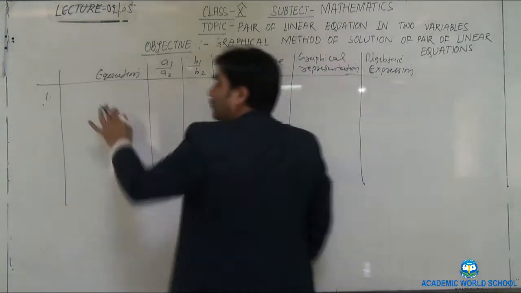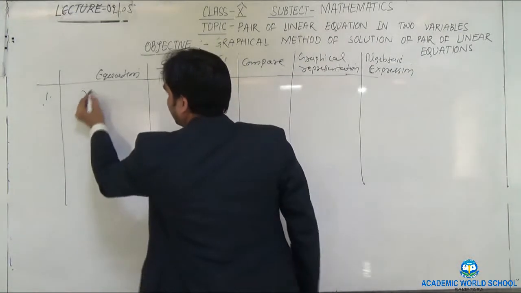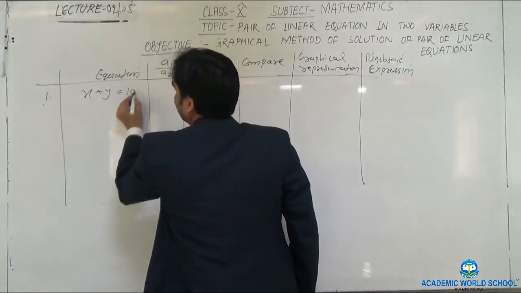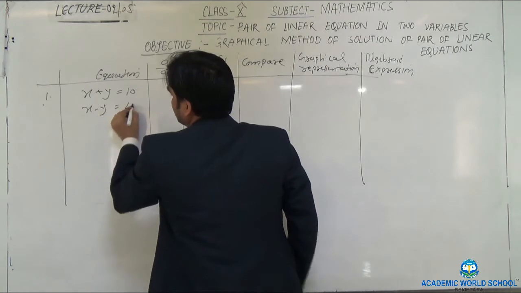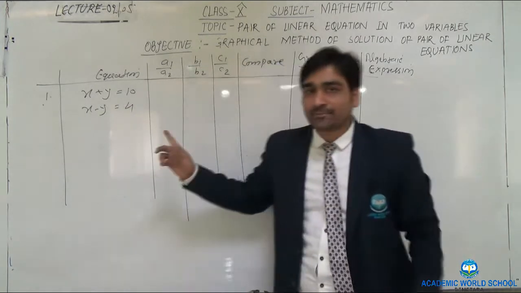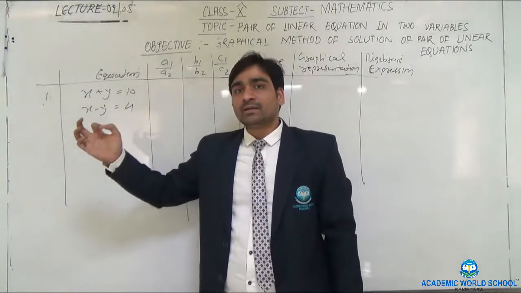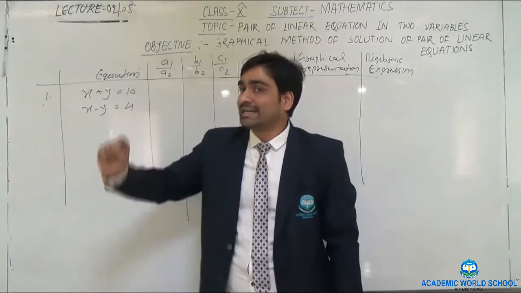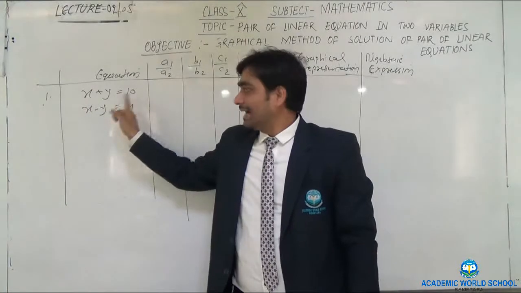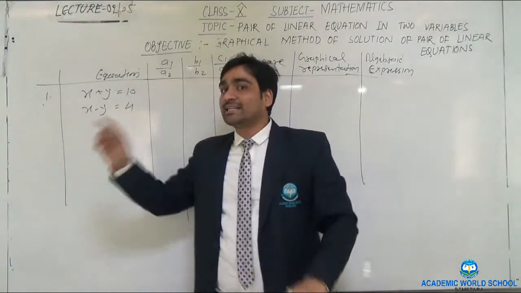See, the first example I have taken, x plus y is equal to 10 and x minus y is equal to 4. Are you remembering that example? If the total students in a class 10 is 10 and the number of girls is 4 more than the number of boys.